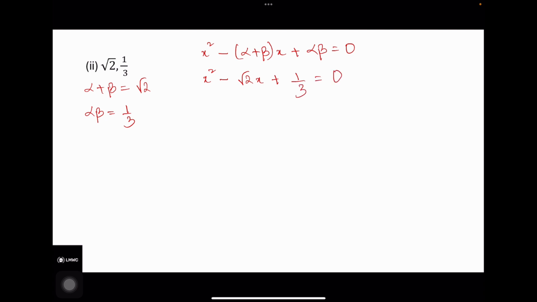First let us write the formula: x squared minus (alpha plus beta) x plus alpha into beta equals 0. I just have to replace alpha plus beta as root 2 and alpha into beta as 1 upon 3. I don't need a fraction here, so to eliminate the fractions, I am going to take the LCM. That will be 3x squared minus 3 root 2 x plus 1 equals 0. Therefore, the final answer is 3x squared minus 3 root 2 x plus 1 equals 0.